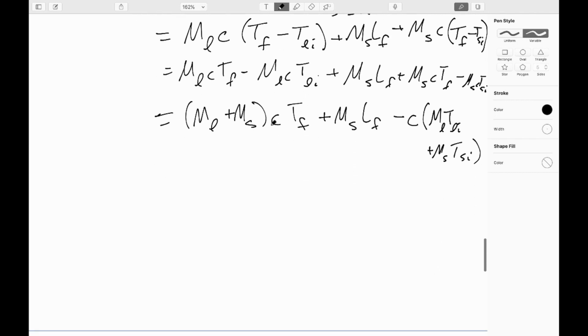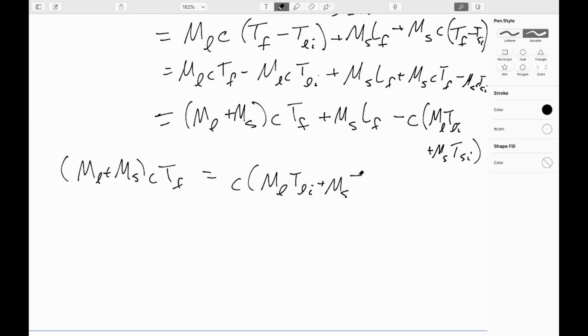All right, now we can at least put the T_F on one side of the equation, everything else to the other. We're just doing algebra at this point. So M_L plus M_S times C T_F will equal, putting this to the other side, the equal sign will make these terms positive, so we'll have C times M_L T_LI plus M_S T_SI. And then putting this to the other side will make it negative, minus M_S L_F.